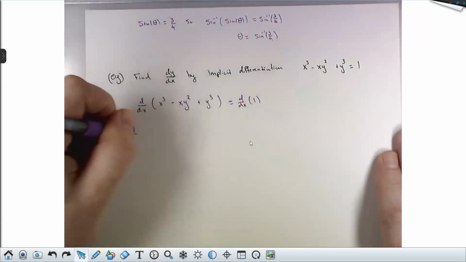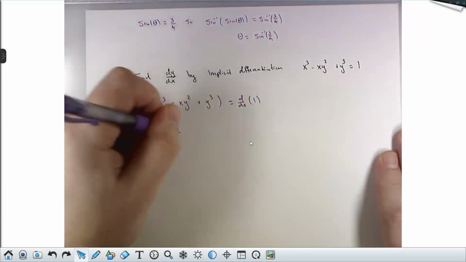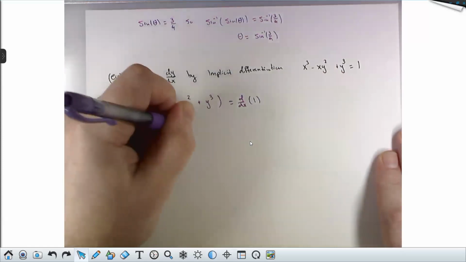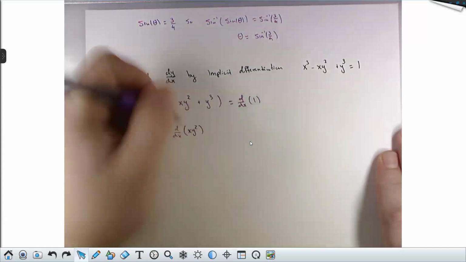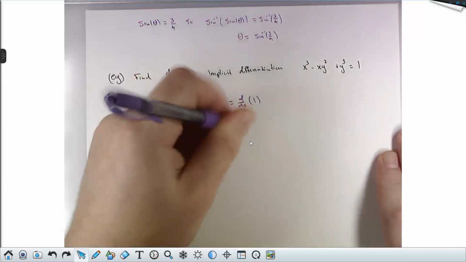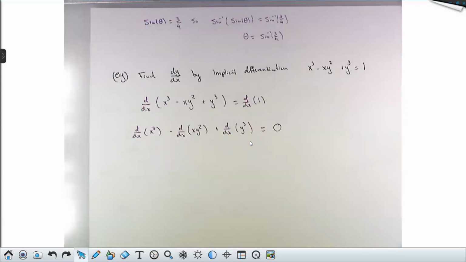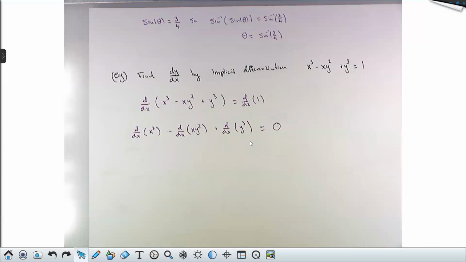This would be d dx of x cubed minus d dx of xy squared plus d dx of y cubed equals the derivative of 1, which is 0. Normally I write the derivative that you have to slap on there as y prime, but since they want dy dx, I'll write dy dx instead.